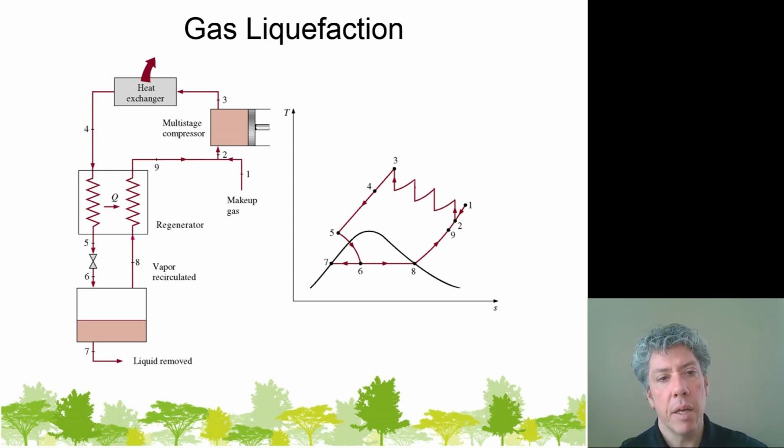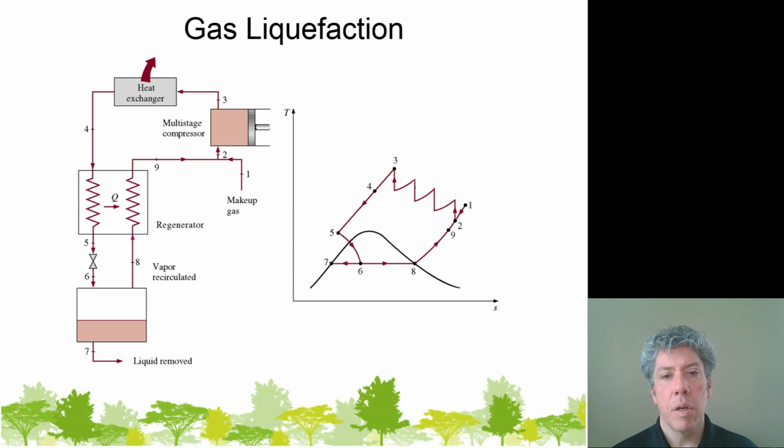But anyway, we would expand it out, and what would happen in the expansion valve is the gas would cool down quite a bit in going to state 6. In fact, it would cool down so much that some of it would convert to the liquid phase. Most of it would not, but some of it would. And so we'd end up with some liquefied nitrogen or oxygen essentially, if we're talking about cooling down air.